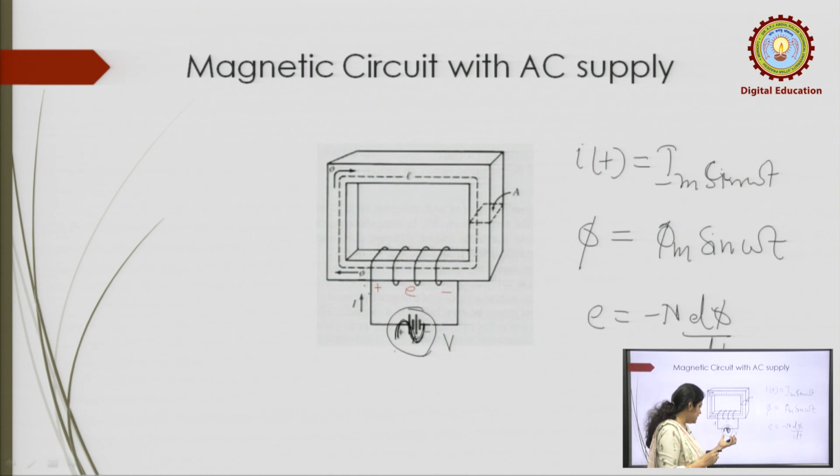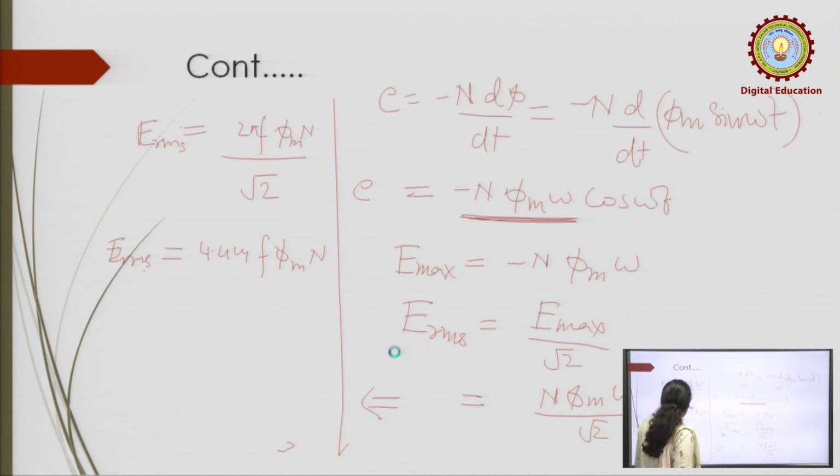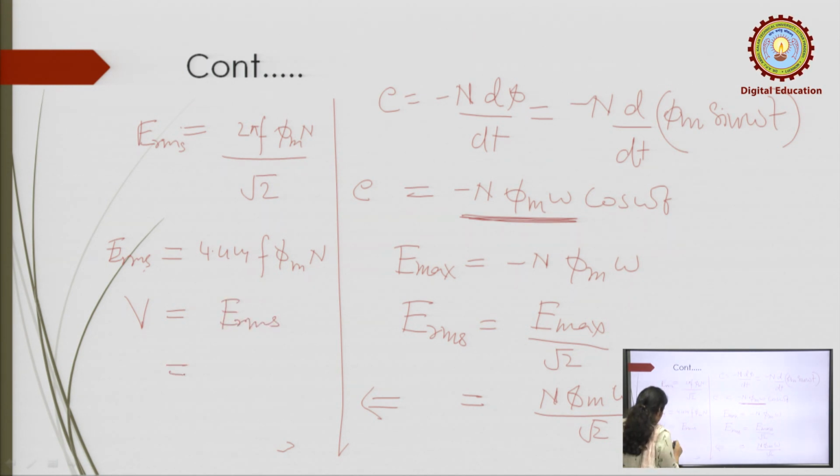That means the supply voltage must be equal to the induced EMF. KVL must obviously be satisfied in the magnetic circuit. So this V is equal to E RMS, and that is 4.44 f phi m N. This is V.